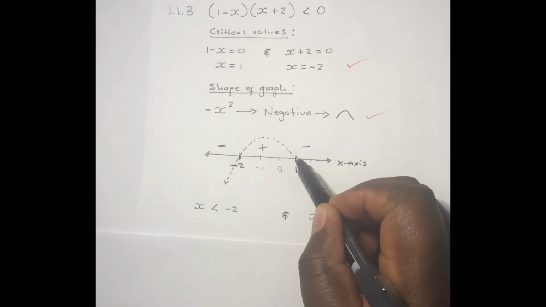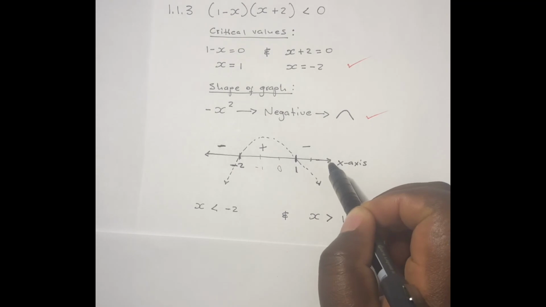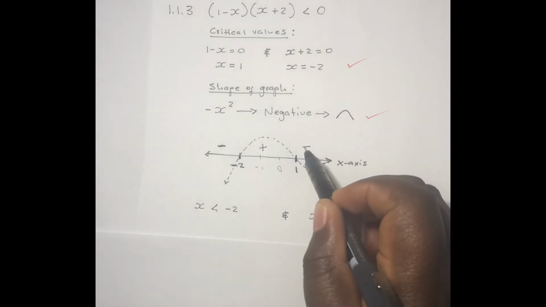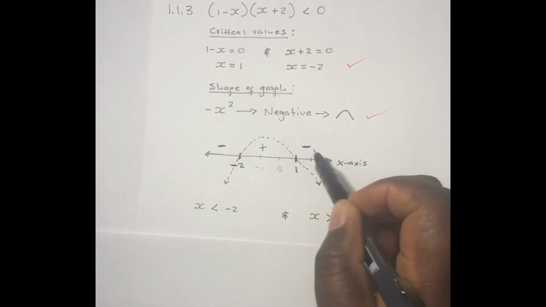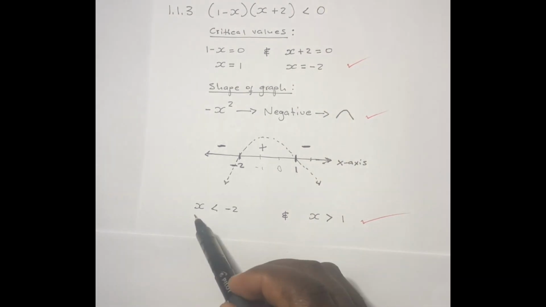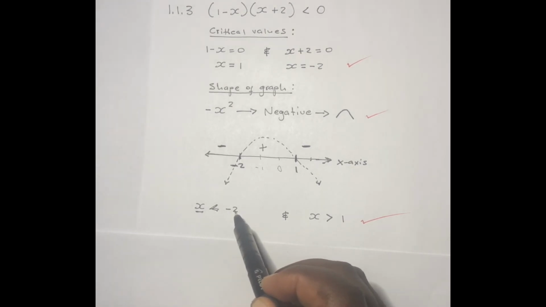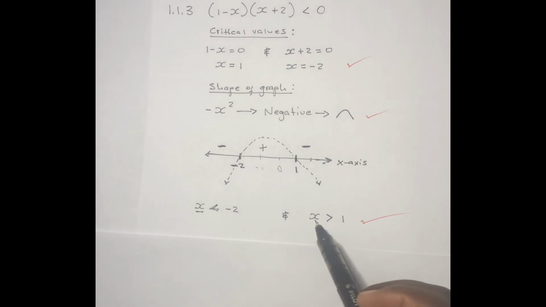And also from +1 going in that direction, you get values which are negative, and those values are less than 0. So that's why our answer is x less than -2 and x is greater than 1.